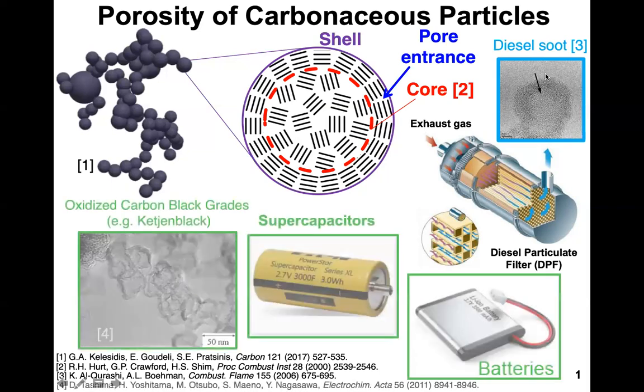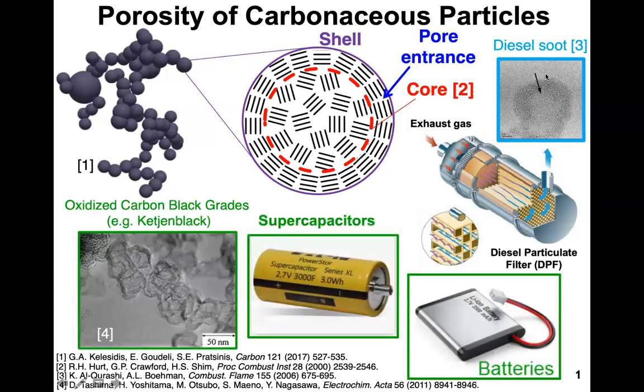On the other hand, low temperature oxidation is used to produce hollow carbon black nanoparticles with superior performance in batteries and supercapacitors. So a quantitative understanding of the pore structure dynamics during oxidation is essential to eliminate soot emissions, but also to optimize carbon black grades for energy storage applications.